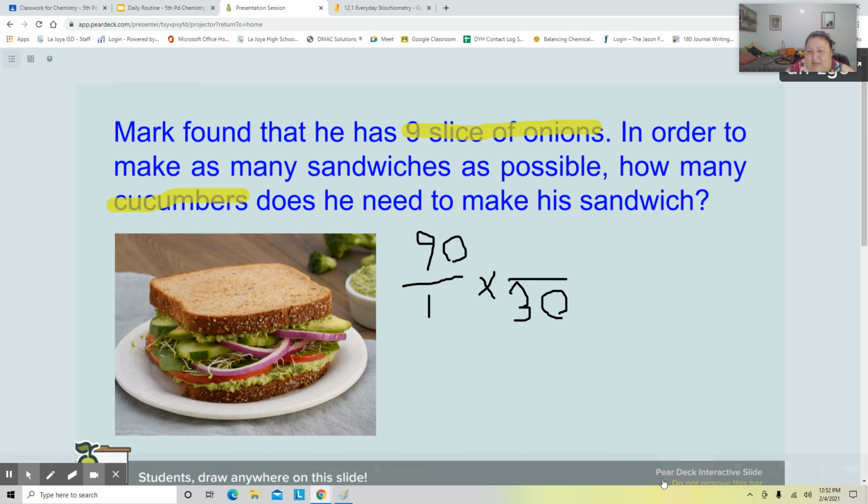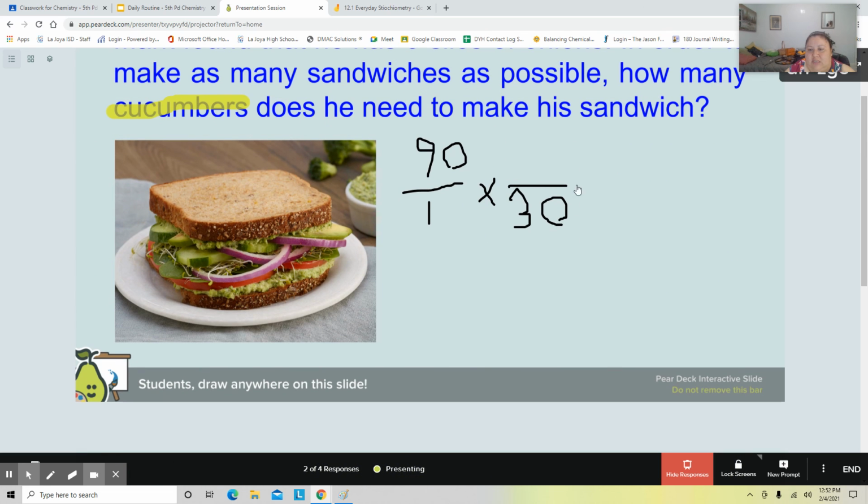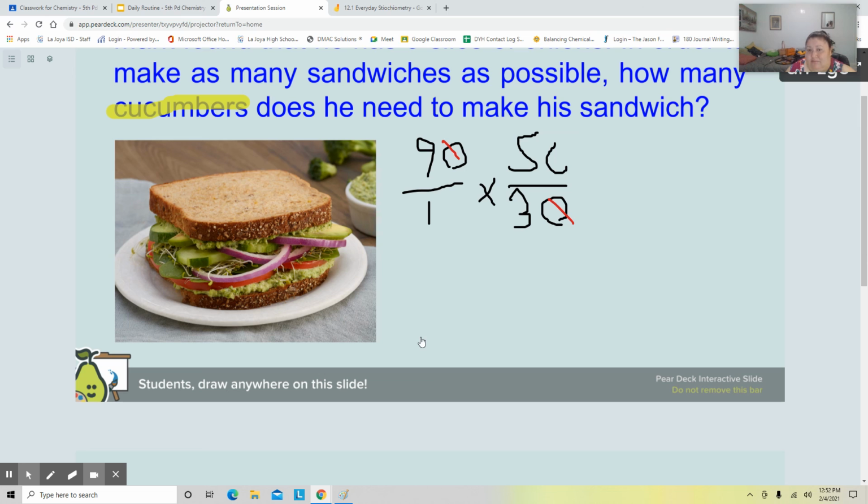Yes, it goes on bottom, right? We need to cancel those onions by putting them on bottom. You can cross out onions with onions. They're gone. And you're going to put your 5 cucumbers on top, right? So onions cancel with onions, and all that's left is cucumbers.